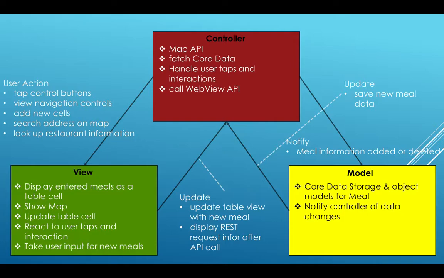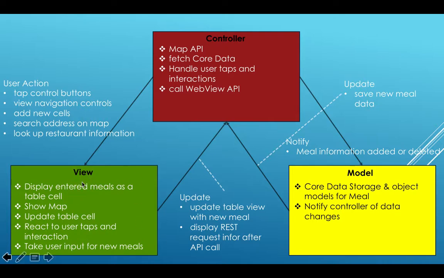Once it takes in the user inputs, it updates and sends that to the controller. And the controller is essentially the engine of the application. In my case, the controller handles the map APIs, the web API calls, it fetches core data, it saves to core data, and it also handles the user taps and interactions.